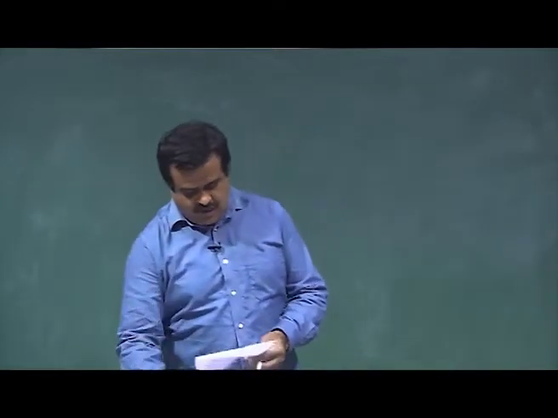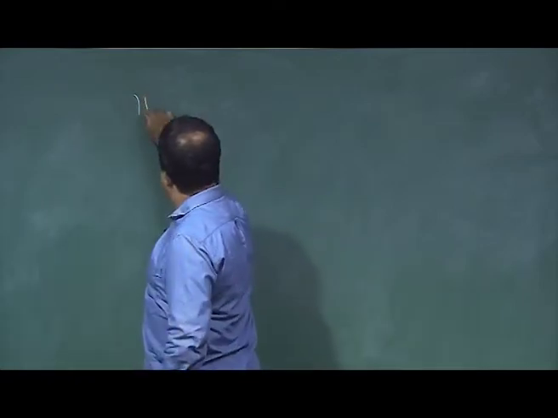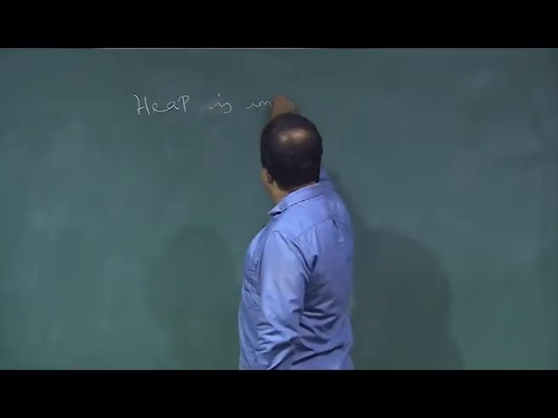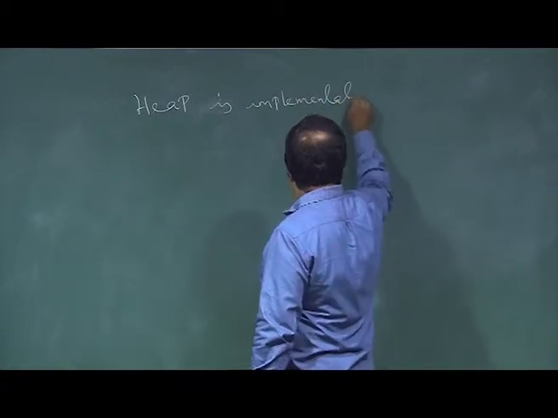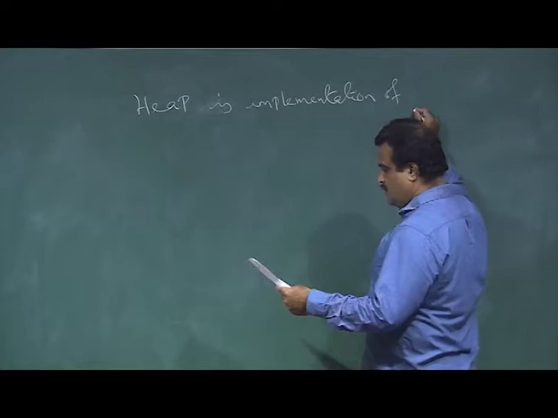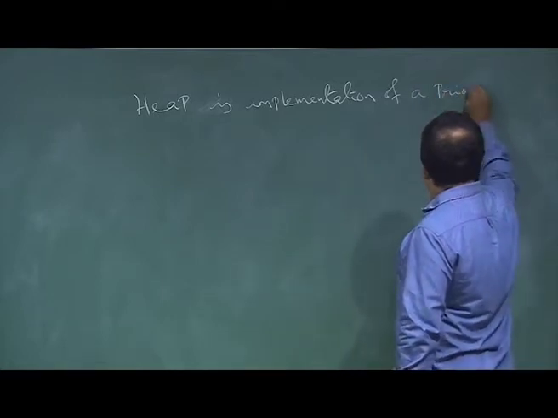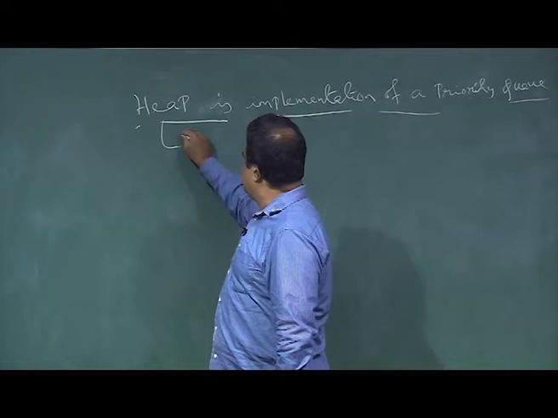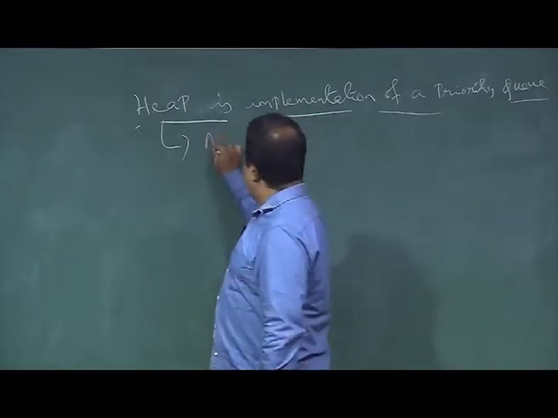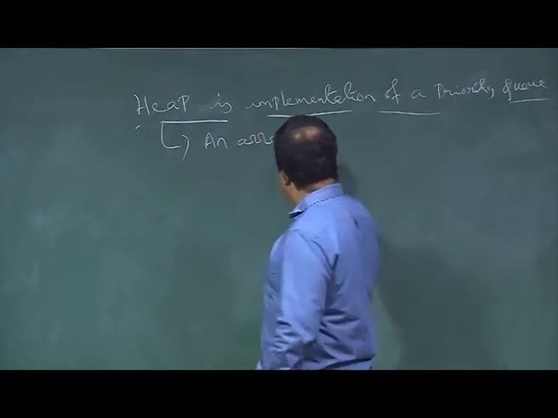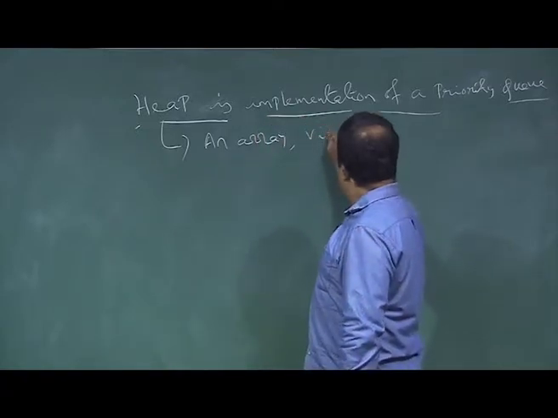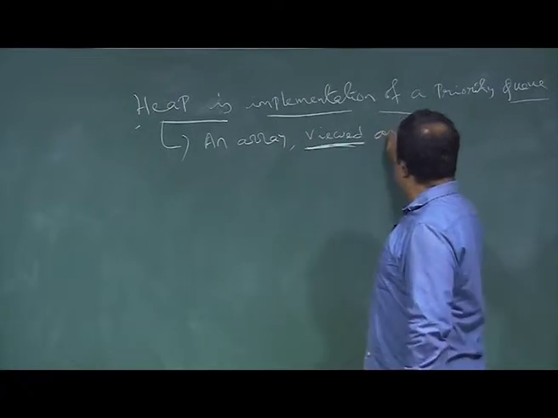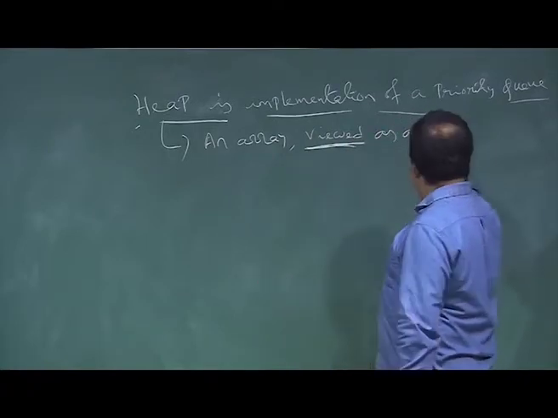Heap is basically the implementation of a priority queue, that S. It is an array which is viewed or visualized as a nearly complete binary tree.